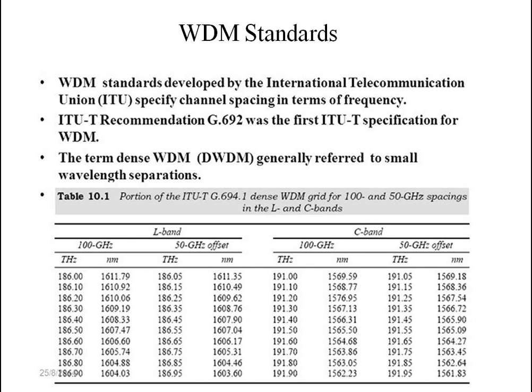In 2002, the ITU-T released recommendation G.694.1, which is aimed specifically at DWDM. DWDM stands for dense WDM, which generally refers to small wavelength separations.